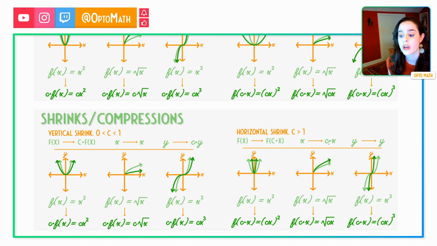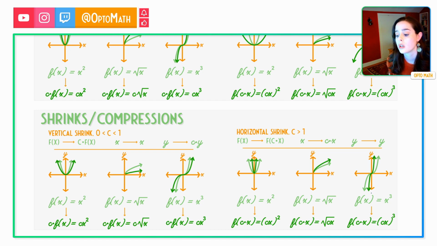So you multiply your x values by that c value. For your parabola, it gets skinnier, and it's skinnier than a vertical stretch. For your square root function, it gets taller, but it's not as tall as your vertical stretch for that.